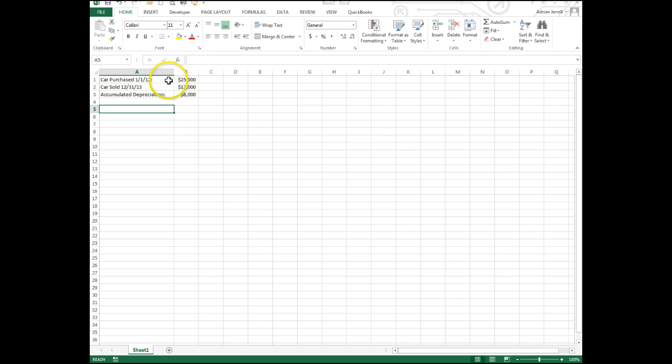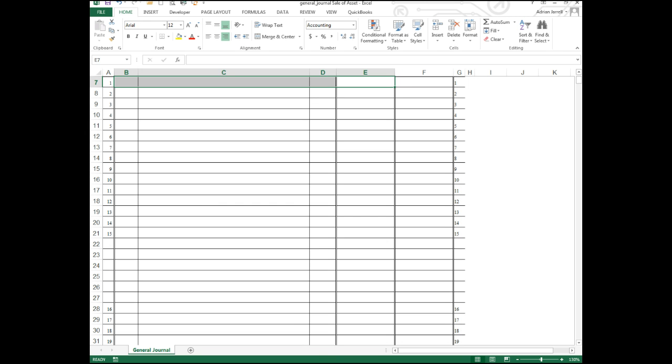In this case, let's say on the 1st of January of 2012, we buy a car for $25,000. We sell it 2 years later, at the end of the next year, end of 2013, for $12,000. In between, we recorded 2 years worth of depreciation for $8,000. So let's just look and see how that turns out.